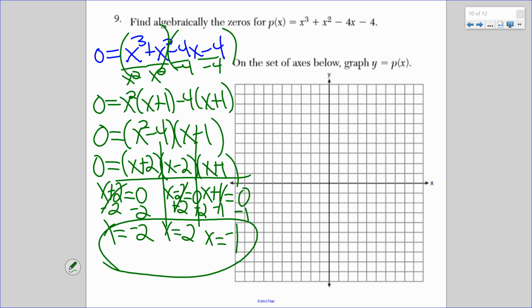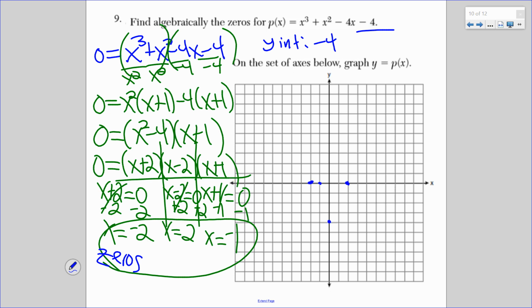Now it wants me to graph it. To graph it, I need the zeros, which I just found: negative 2, positive 2, negative 1. I need my y-intercept. My y-intercept is the constant term, that's negative 4.